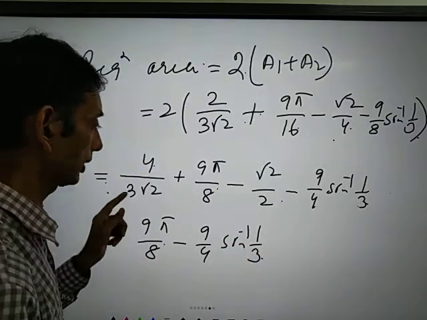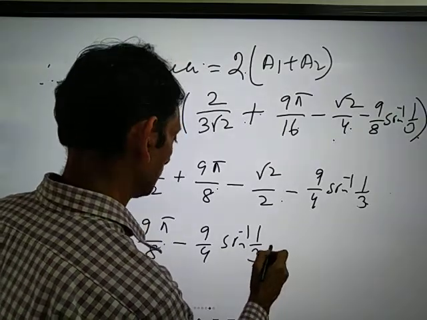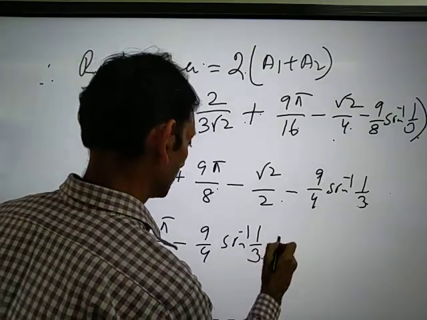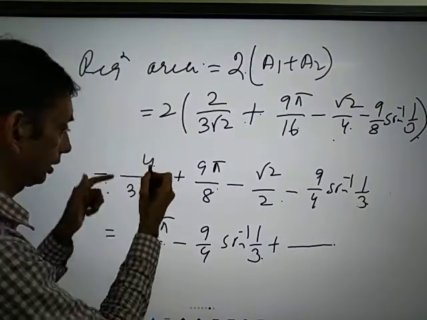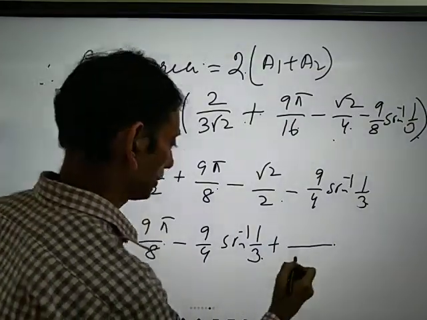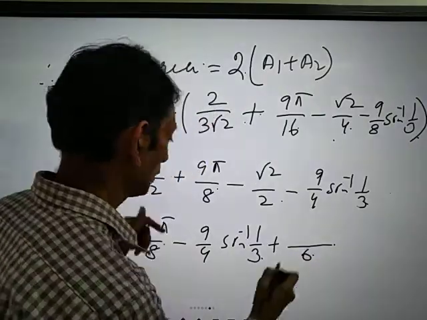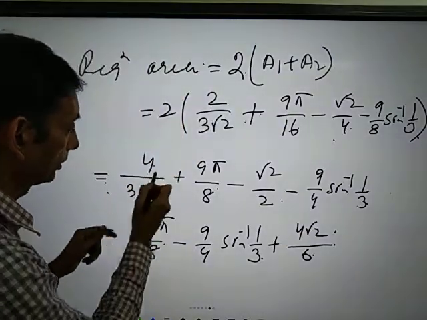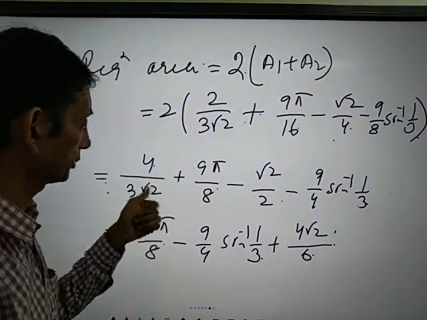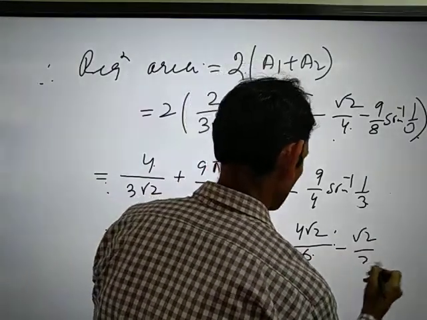Then we simplify the other term: multiply numerator and denominator by root 2. So it will be 3 into 2, that is 6, and this will be 4 root 2, since root 2 into root 2 is 2, and this is minus root 2 by 2.